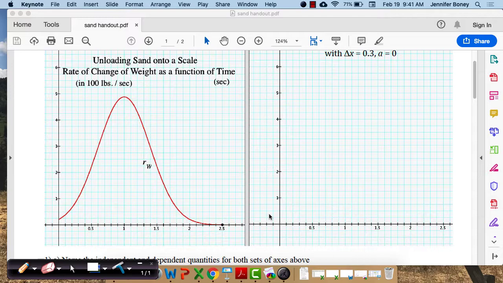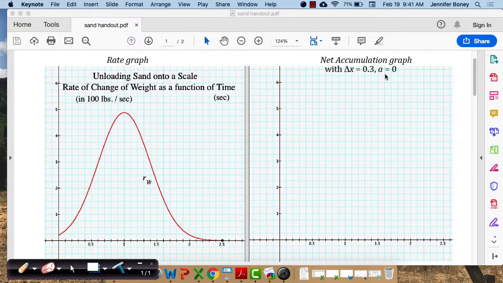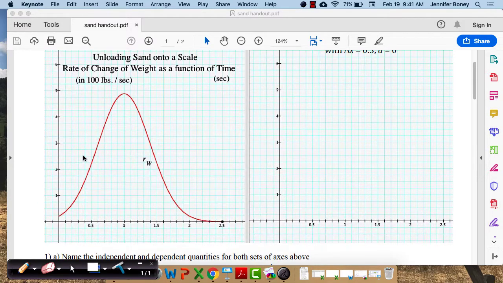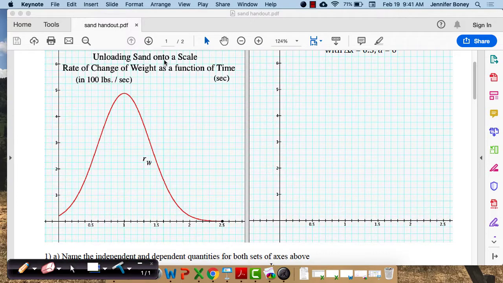So you can see, it doesn't say how much sand is on the scale to start with. We don't really care. We're going to talk about net accumulation. So just starting from, on here it says a equals 0, starting from time 0, at which point the sand was being unloaded onto a scale at a rate of, well, I see this low number here.